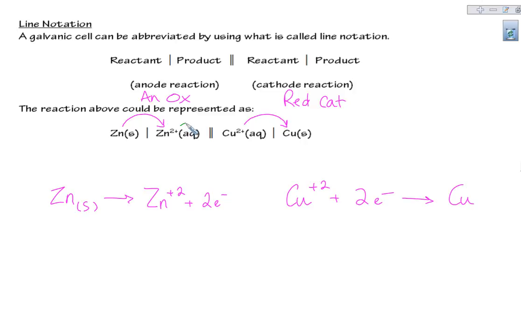The 2 electrons will cross that center line, or like the wire in the galvanic cell, and then they'll come over to this part. We'll put 2 electrons. They have to be picked up then by the reduction half.